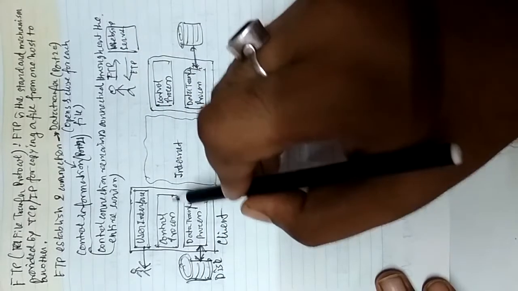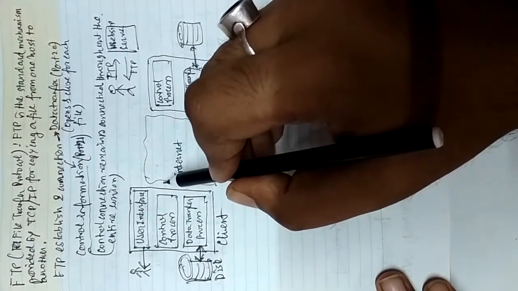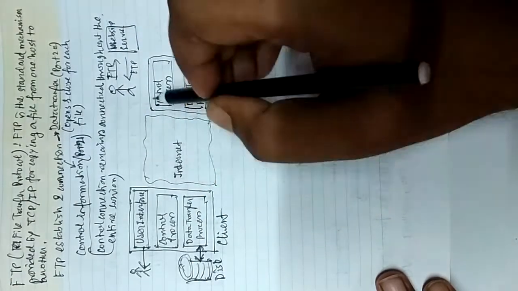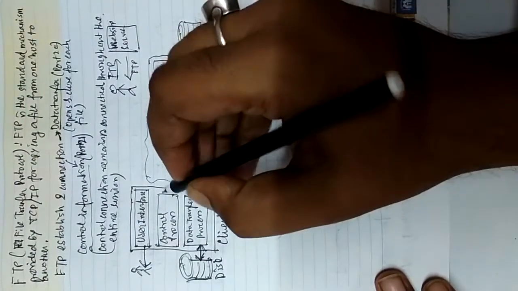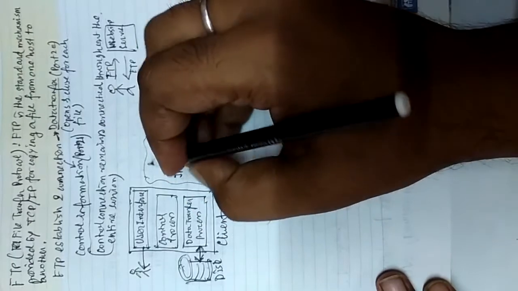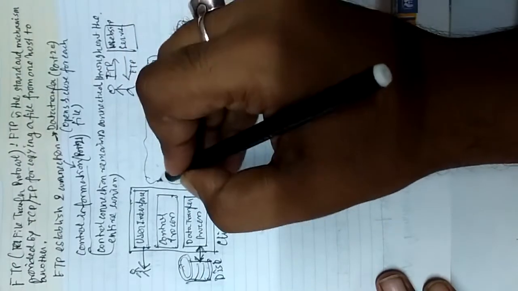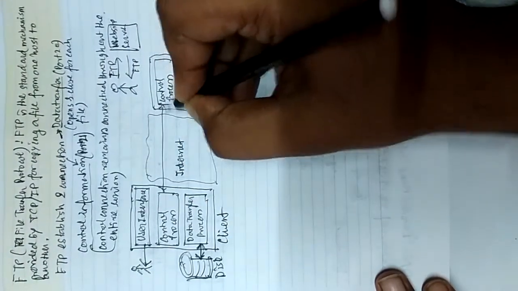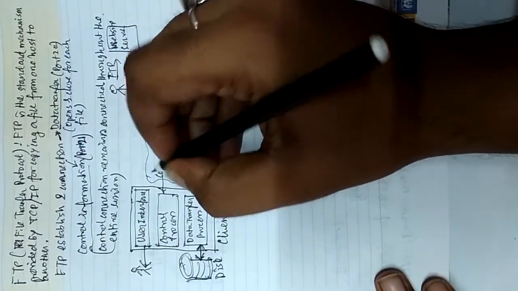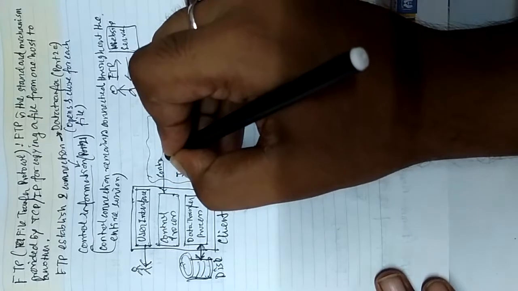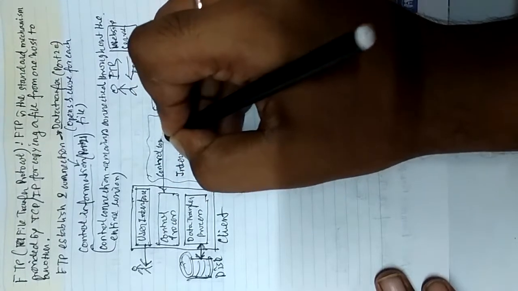Now the control process of the client will first establish a connection with the control process of the server, and it is called the control connection.